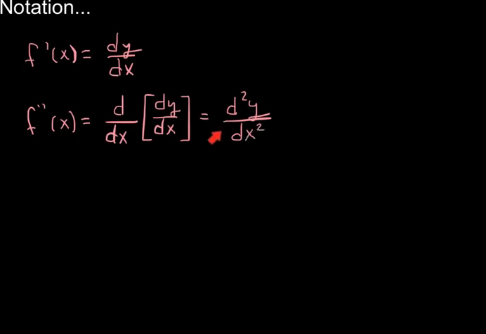So this is the notation for the second derivative, and it follows that our third derivative would be like this, and so on with our fourth derivative.